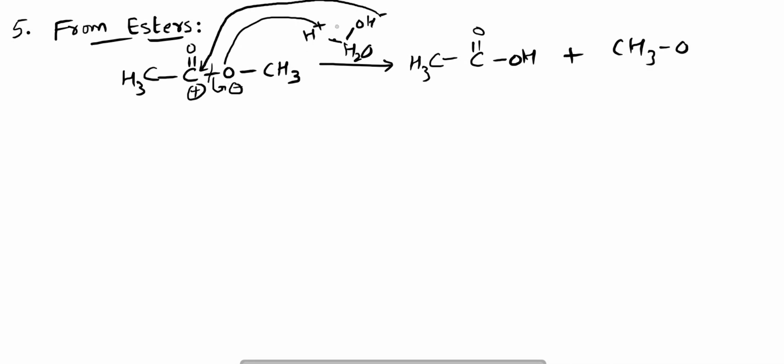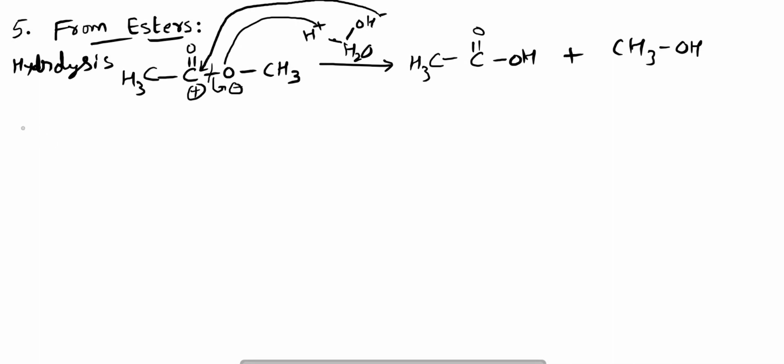On this O minus, which is attacked by plus, I got alcohol. Carboxylic acid with alcohol. This is also said to be hydrolysis only. Hydrolysis of esters. I hope it's clear to you.